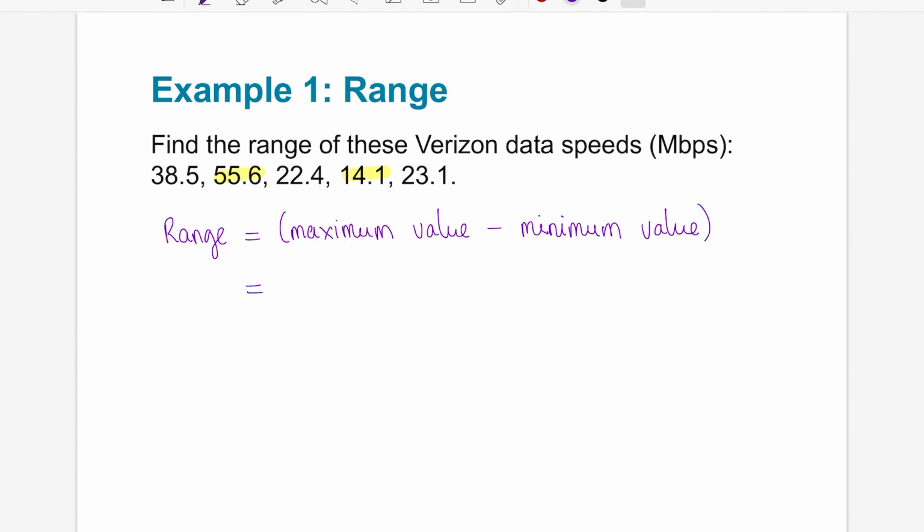Then I'll take the maximum value minus the minimum value. So the answer is 41.50. If you notice, my original data values have one decimal place. The range will carry two decimal places.